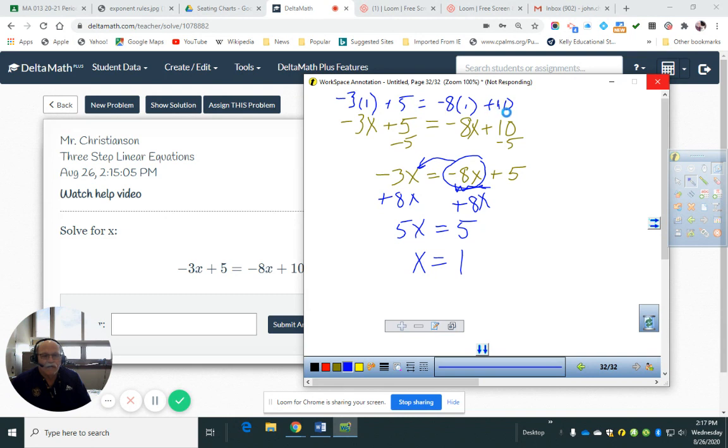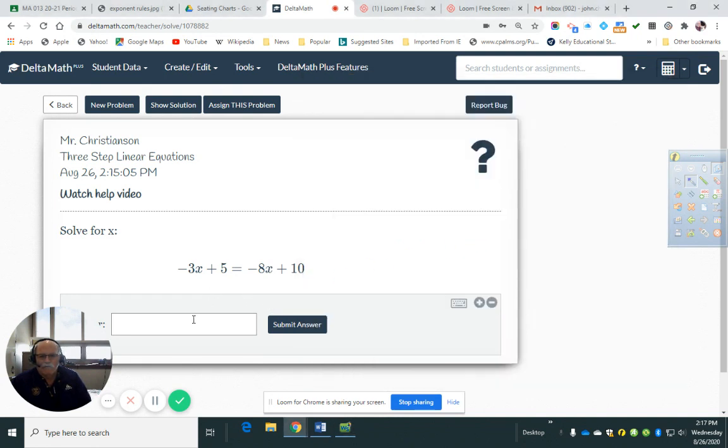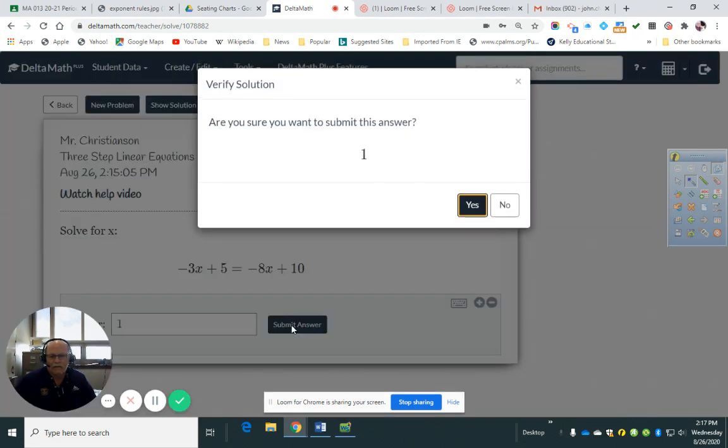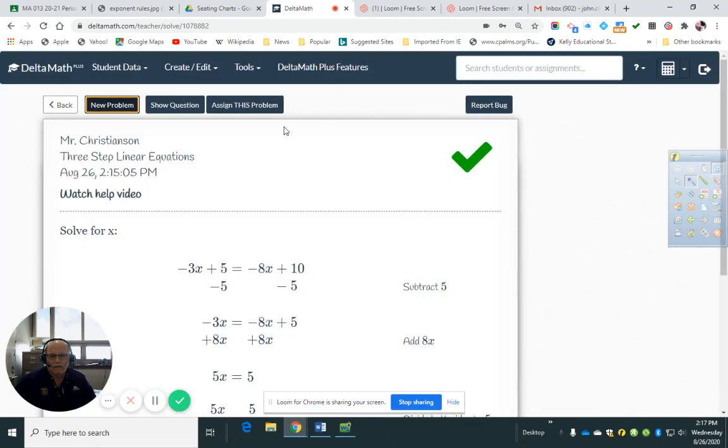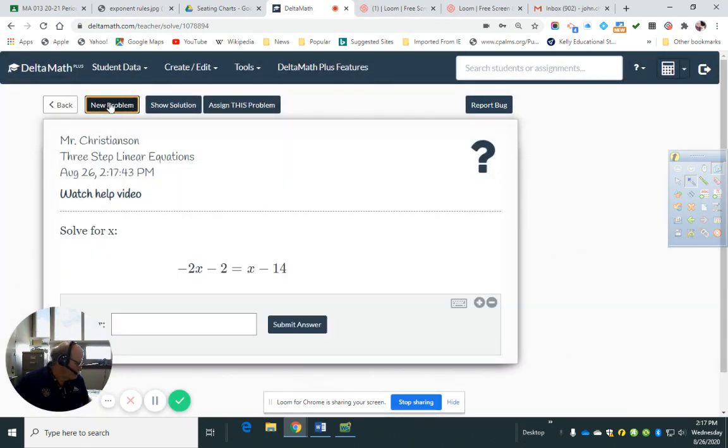Negative 8 plus 10 is also 2. So that's pretty good. So if we go over here and you just put 1 in and submit answer, say yes, and we're good. All right. So let's look at one more.